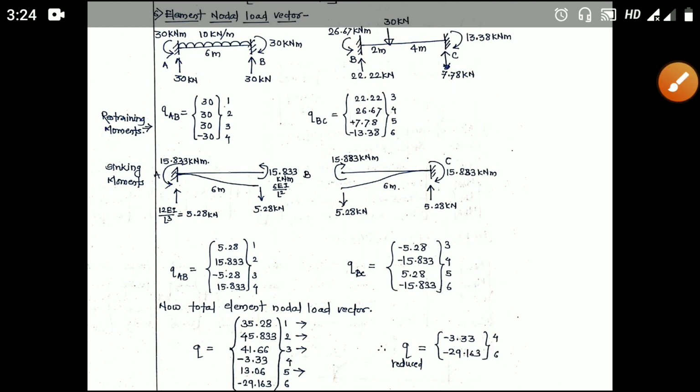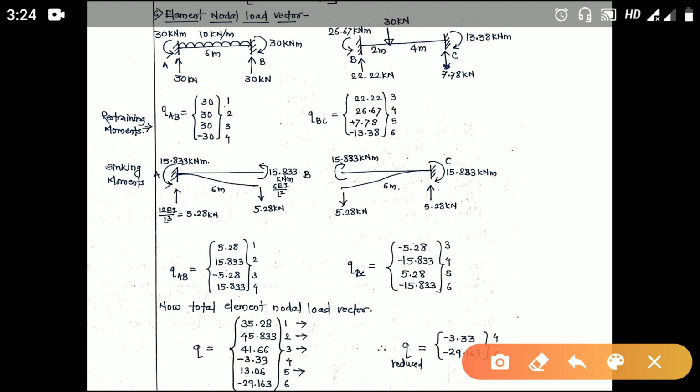Once you complete this, you have to write this column for the restraining actions corresponding to translation and rotation, that is reaction and moment. So QAB has associated displacements 1, 2, 3, 4.